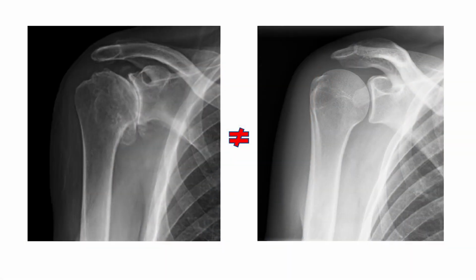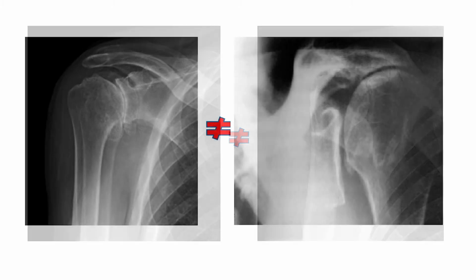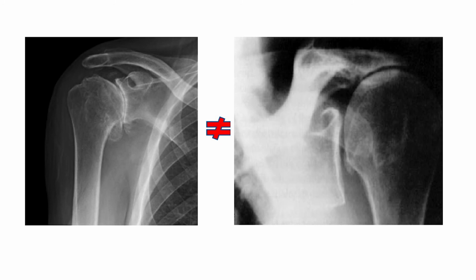So this is an x-ray that you saw before, and you'll notice the image on your right is a normal x-ray of the shoulder, a normal AP film, whereas the x-ray on the left shows advanced glenohumeral arthritis with a goat's beard deformity, the narrowing of the glenohumeral joint, and glenohumeral arthritis is noted there. Whereas the next image, you'll notice this does not look the same.